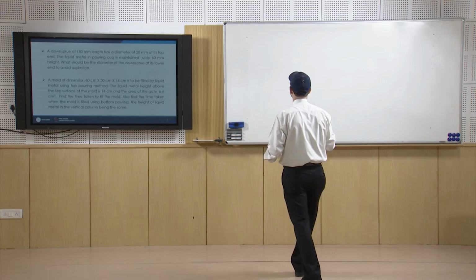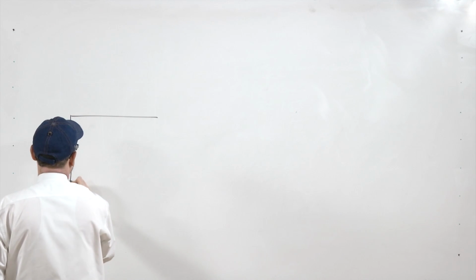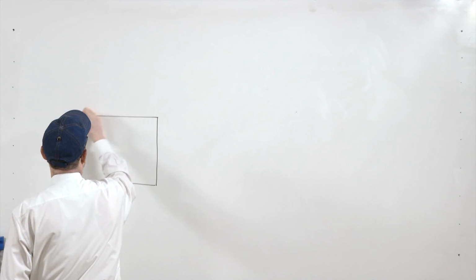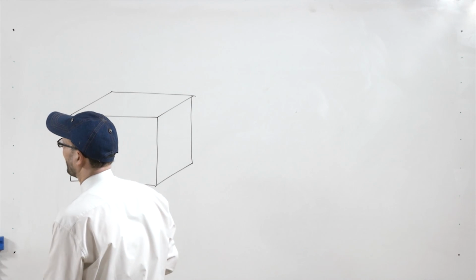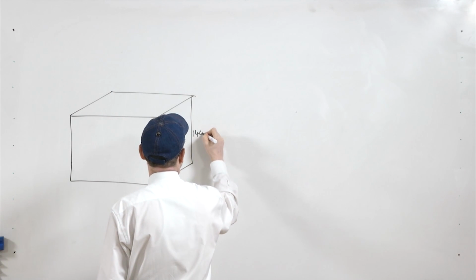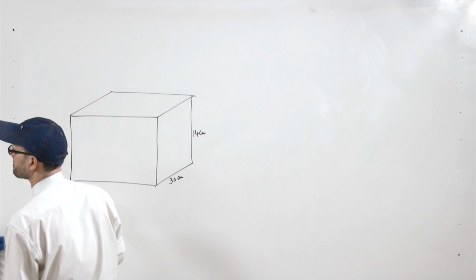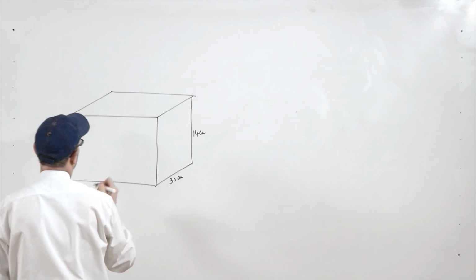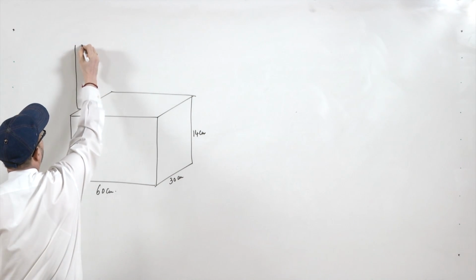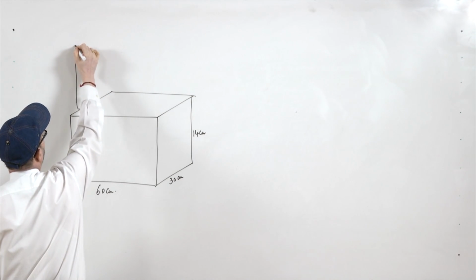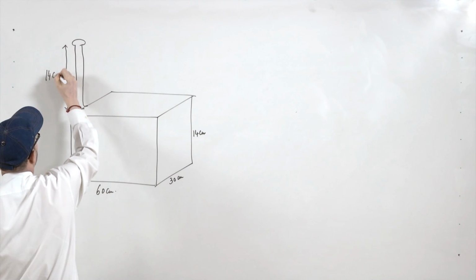Now, in this case, let us see, we have a cavity whose height is 14 centimeter, width is 30 centimeter, and length is 60 centimeter, and we are pouring from here, and this is the pouring cup, and this height is also given as 14 centimeter.